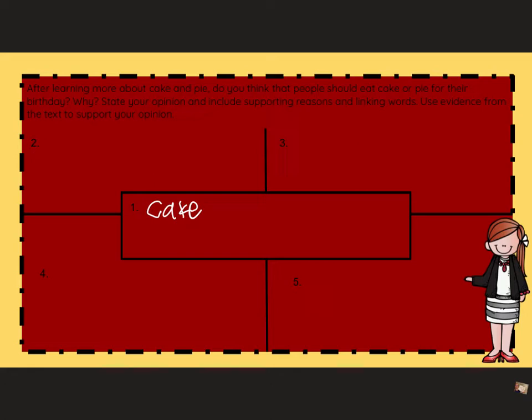Let's see. I'm going to put that it's traditional right here. I'm going to say something about the fluffy, because that's something that pie definitely isn't. Pie can be sugary.